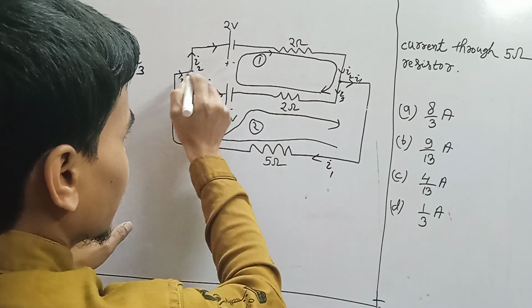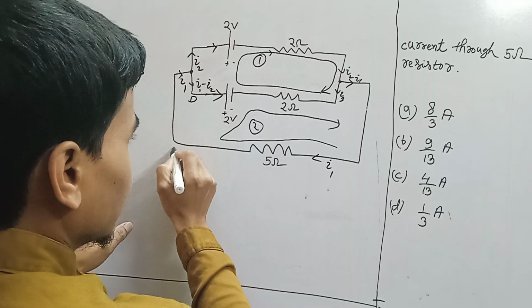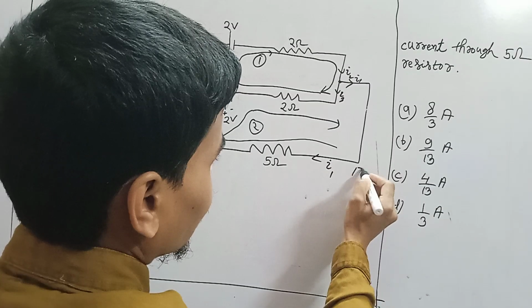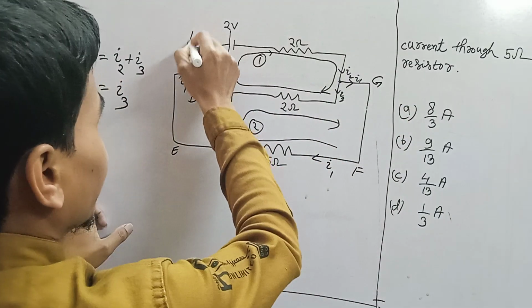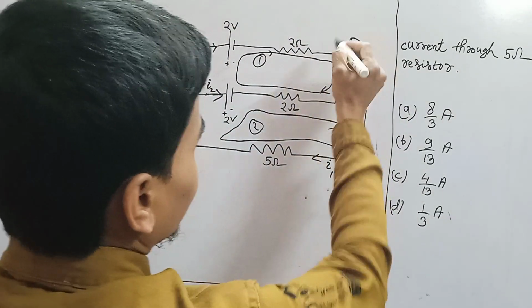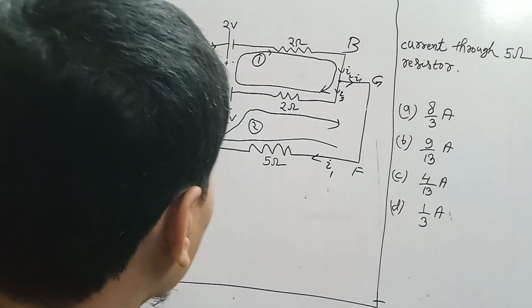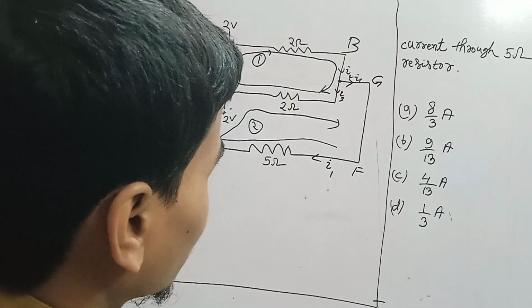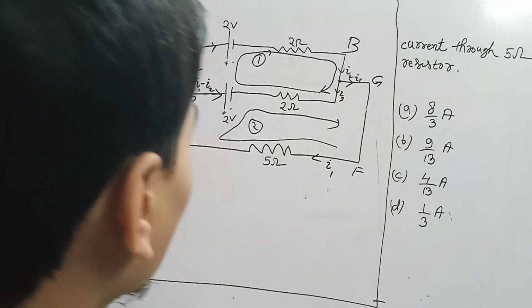Say the points are A, B, C, D, and E, F, G for the other loop. Now first we have to set up the equation for loop 1.